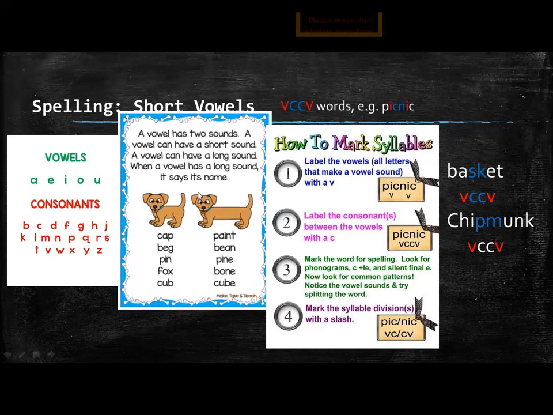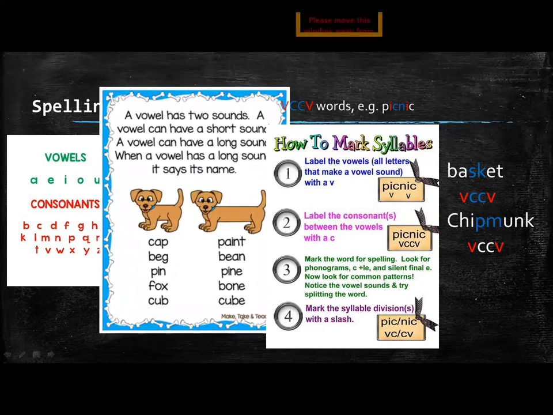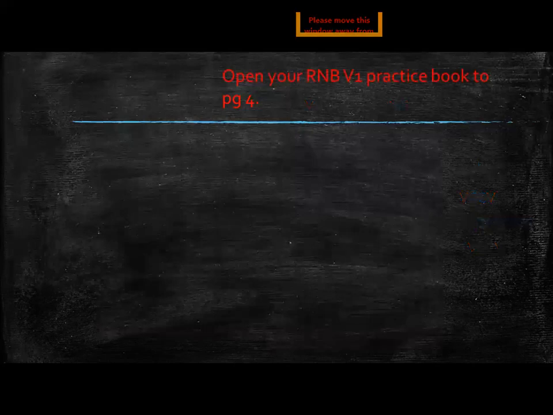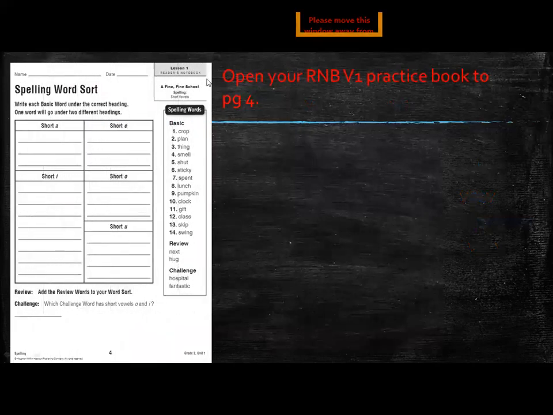Okay, don't forget the short E sounds, because now you are going to open page number 4 in your first R&B book, and all what I want you to do is read these words down. For example, this word, crop, it's a short O sound, and write it down here.